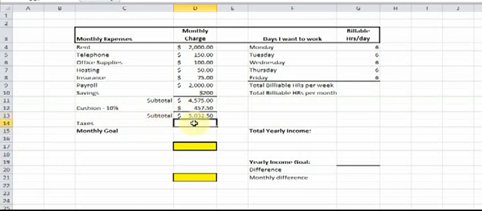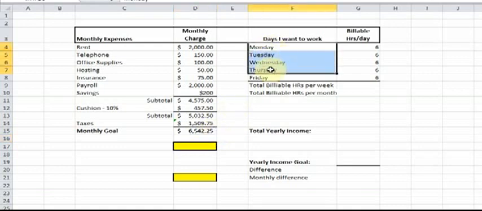So what we'll do here is take this subtotal amount and times it by 30%. And that will give us an amount to put away for our taxes. Now we should be able to add these two items together to get our monthly goal. So this is our goal that we want to bring in per month.